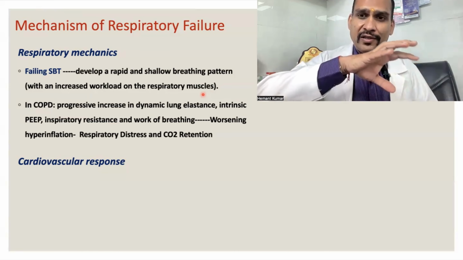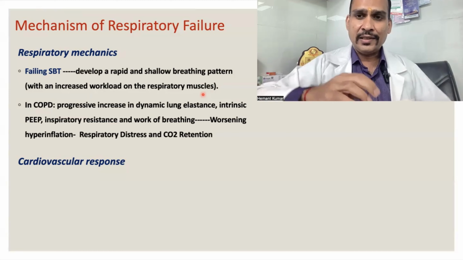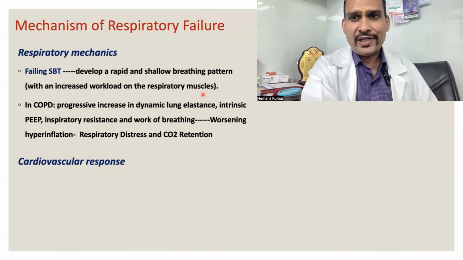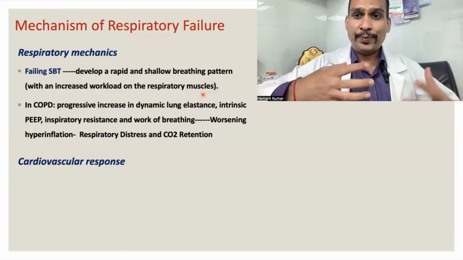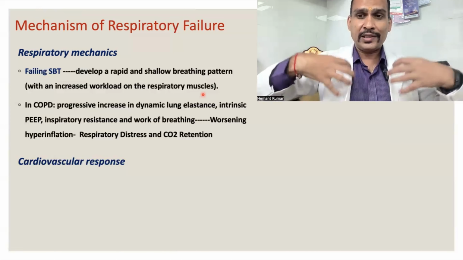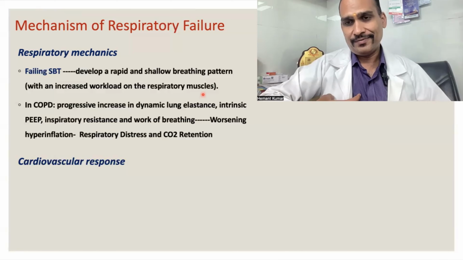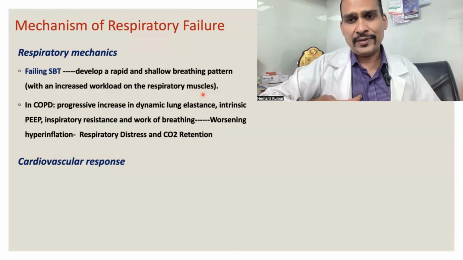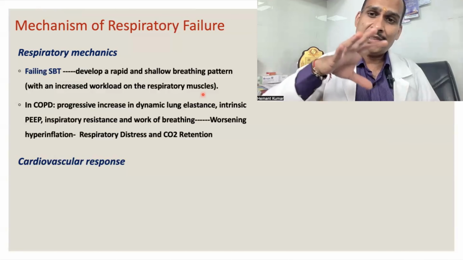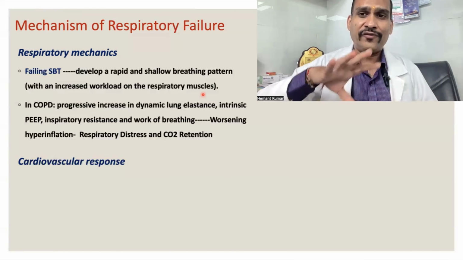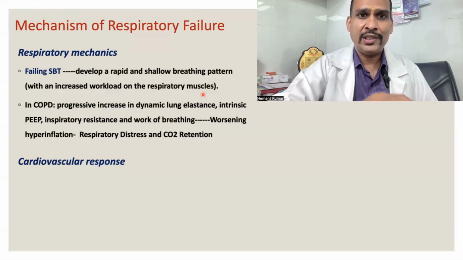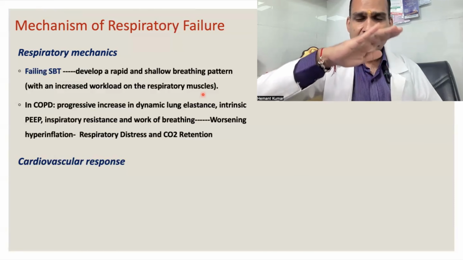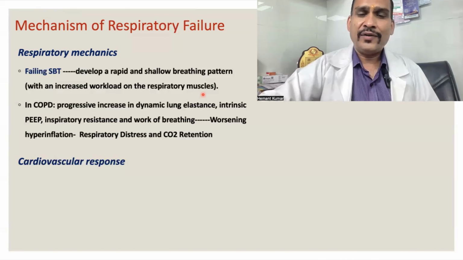But once you give a spontaneous breathing trial, the support from mechanical ventilation is withdrawn. Now the patient has to take his own breath using his own muscles. If the muscle is good, then the patient can wean off. But if the muscle is not doing well, due to critical illness neuropathy or critical illness myopathy, or a flattened diaphragm due to COPD, what will happen?